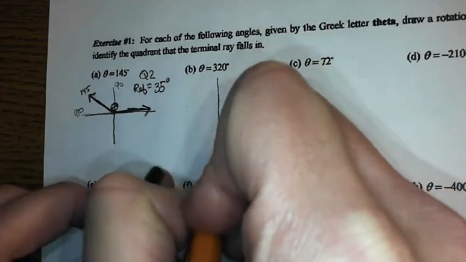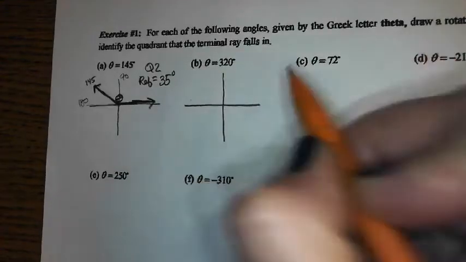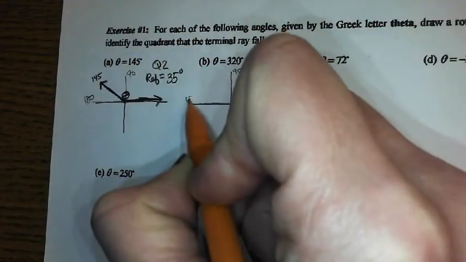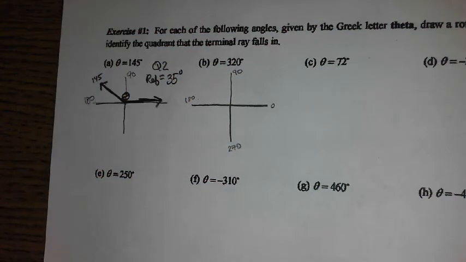Go ahead and draw 320 on your own. Let's see how we do there. And on your own, tell me the quadrant and the reference angle as well. Aiden, what quadrant do you think? 4.